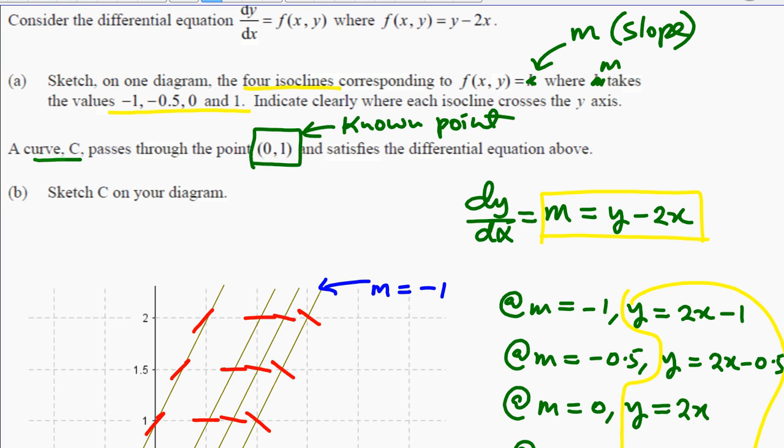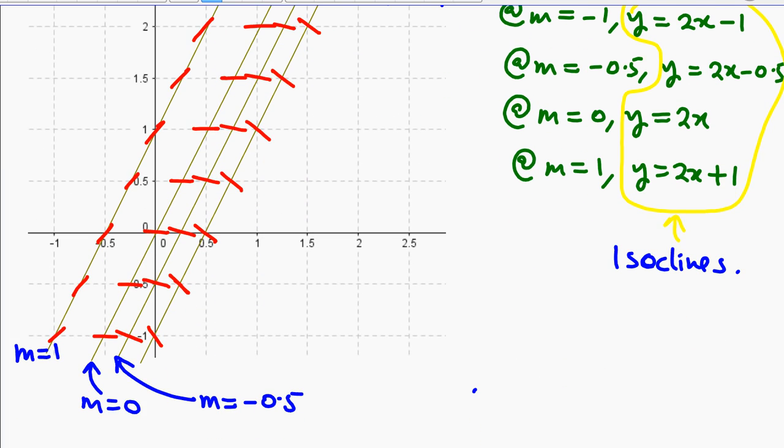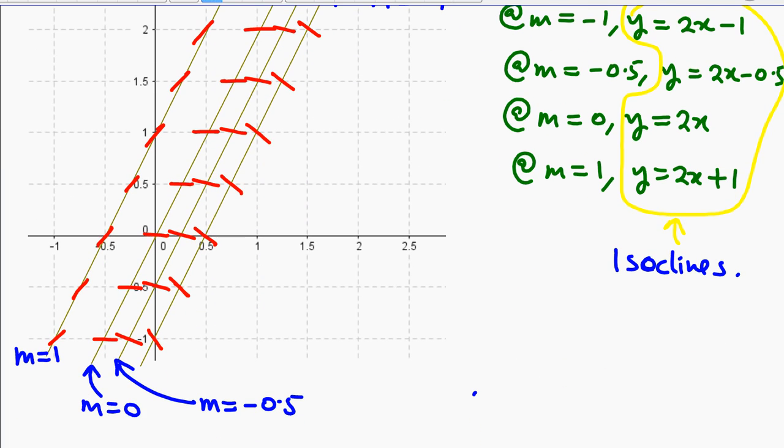So sketch C on the diagram. This curve is passing through this point here. Now just remember, this is the point (0, 1). When the curve passes through this point, the gradient is 1.